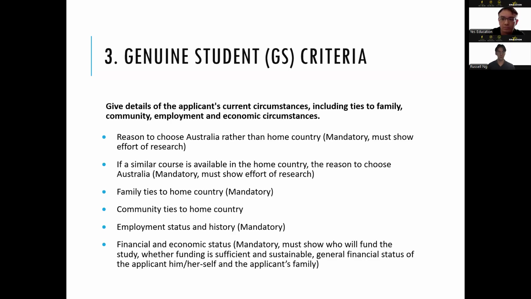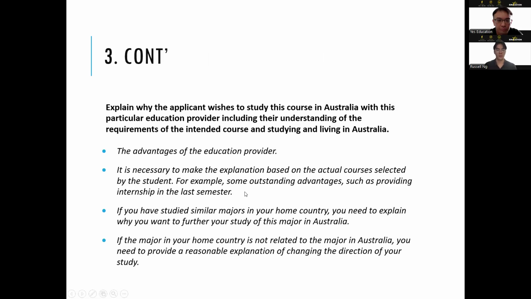And if they want to refuse you, they will say something like, okay, you didn't research the home country enough. So that means you didn't do these first two bullet points enough. Then you don't have enough family ties in home country. Then that means you didn't do this bullet point well. So basically, every bullet point is a reason to refuse you.